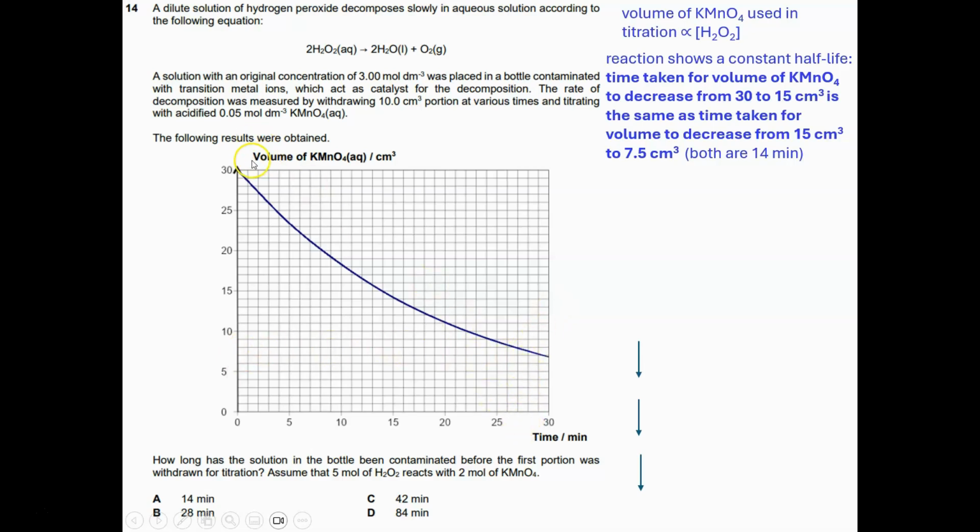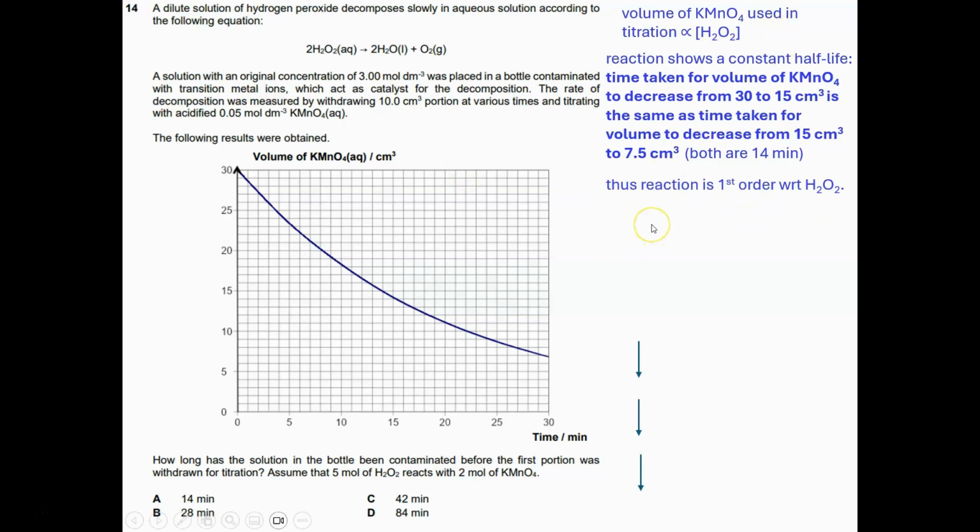So the decrease in KMnO4 has a constant half-life, which means that the decrease in concentration of H2O2 also follows a constant half-life, which suggests that it is first order with respect to H2O2.